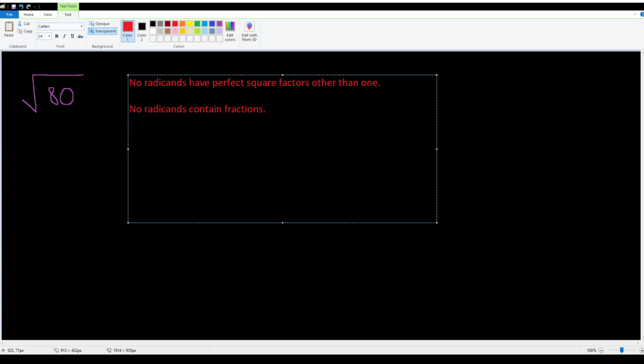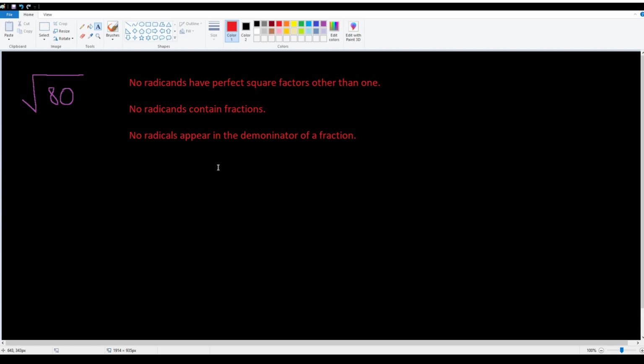The third rule that we have to follow is no radicals appear in the denominator of a fraction. So again, what that means is that when we're working with fractions, we can't just have a radical in the denominator. So again, we have to find some way that we can simplify that.